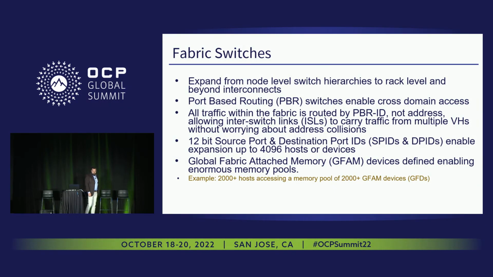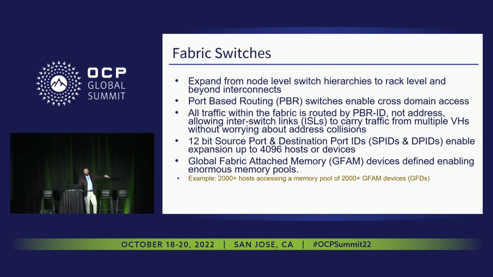So we expand from the normal switch hierarchies, and with the concept of fabrics, we now go beyond node-level switch hierarchies to rack level and even beyond the rack interconnects. And all of this is really enabled by the PBR switching framework.